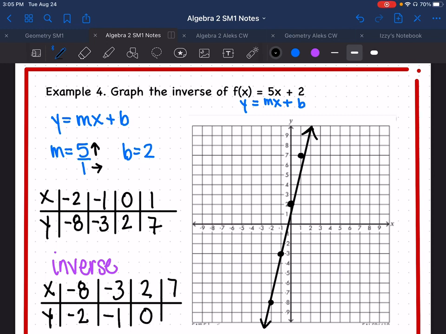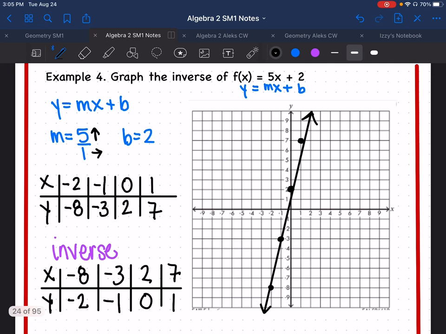And lastly, it's going to change to 7, 1. All right, let's graph these. -8, -2, -3, -1, 2, 0, and 7, 1. There it is. Perfect.